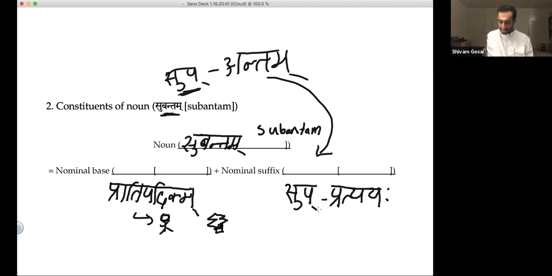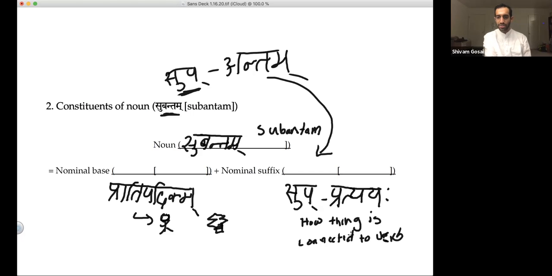And the suffix indicates how that person or object is connected to the verb. You can write all this in your workbook, there's some room there. So the sup pratyaya tells how that object is connected to the verb. So there are those two parts.